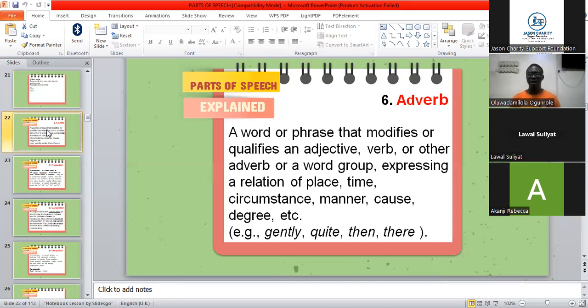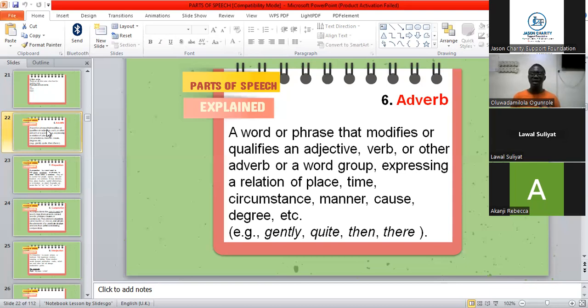So we can say that we have an adverb of place, an adverb of time, an adverb of manner, an adverb of cause, and an adverb of degree. It depends on how you want to use them in your sentences. If I say she walks gracefully, beautifully, gracefully there is that adverb that is trying to modify beautifully.